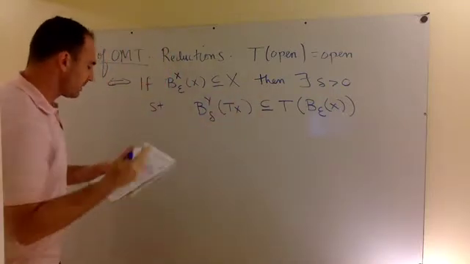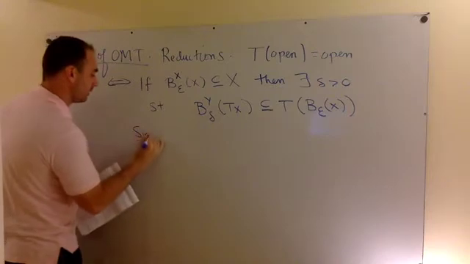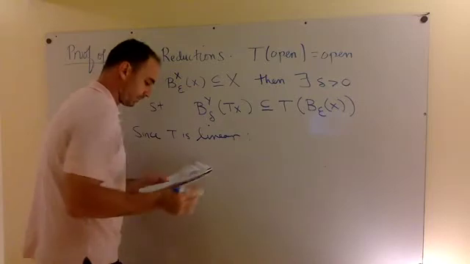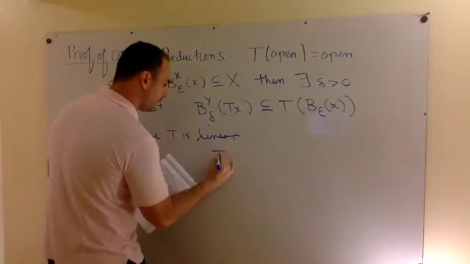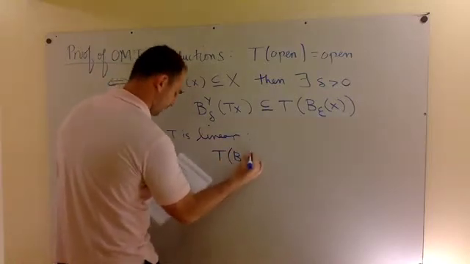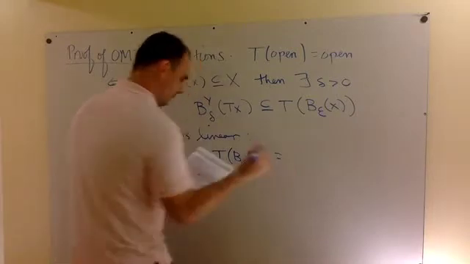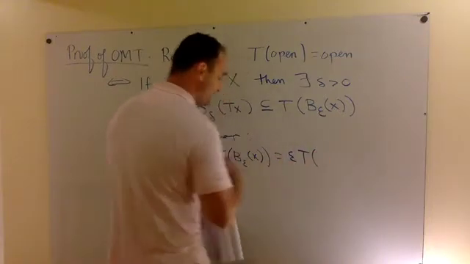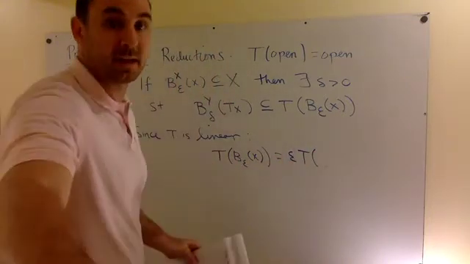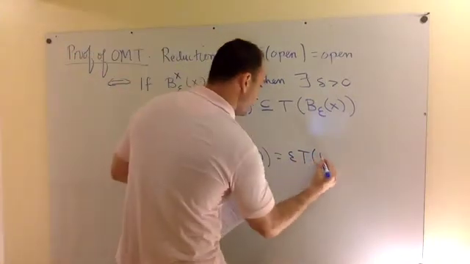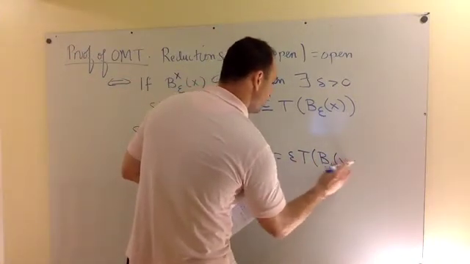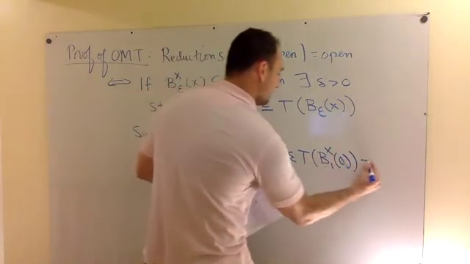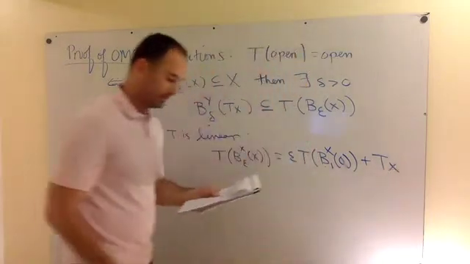Okay, since T is linear, we can make a lot of reductions. For one, T of B epsilon of x, if you go through what this is equal to, this is just pulling out constants. And remember, this is an equality of sets, okay? But it's fine. It's epsilon T of the unit ball plus T of x.